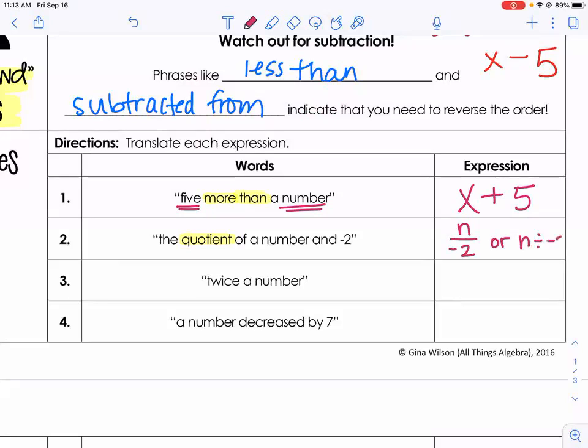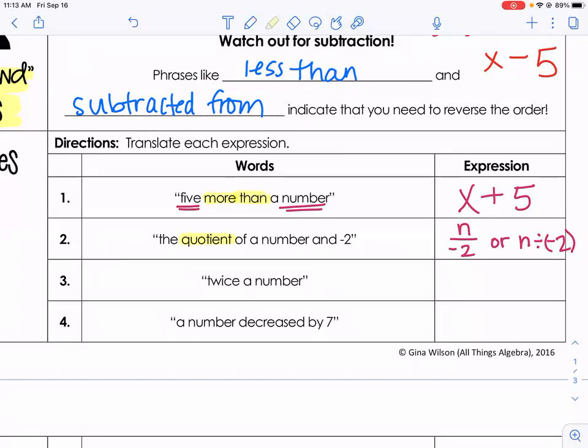I don't care how you write it. I'm probably going to write it in the first way. Okay. Now this time I used N for a number. It doesn't matter which letter of the alphabet you choose. I would just not choose O. Why would I not choose O? It might look like a 0.